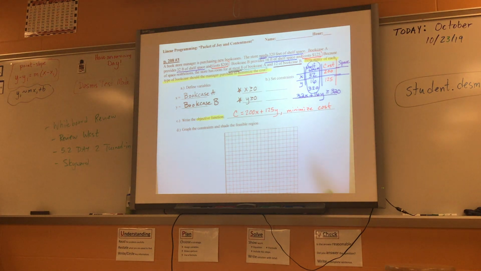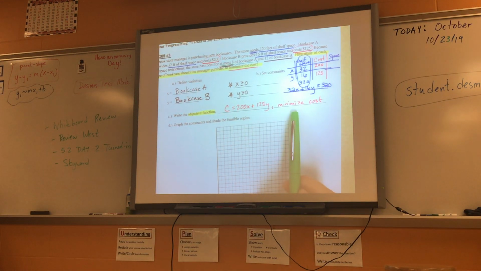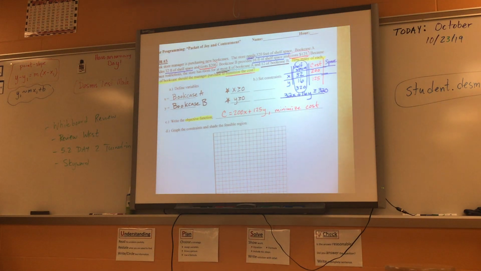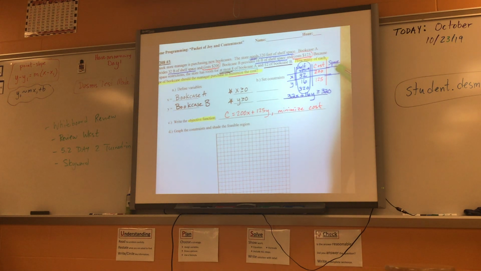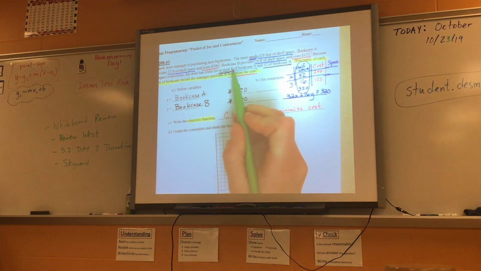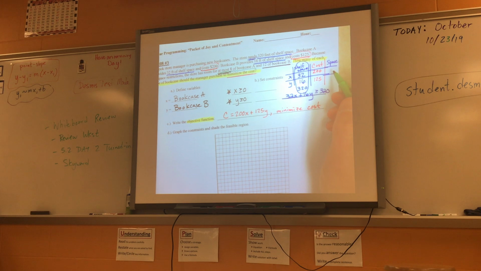All right, so far I've got the freebies, the shelf space, and the cost, which is the goal of the question. The last thing we talked about in the problem was the space provided. The store only has so much room for these bookcases. It says at most 8 of bookcase A. At most, is that bigger than or less than?